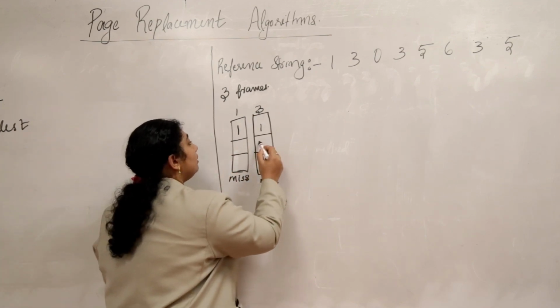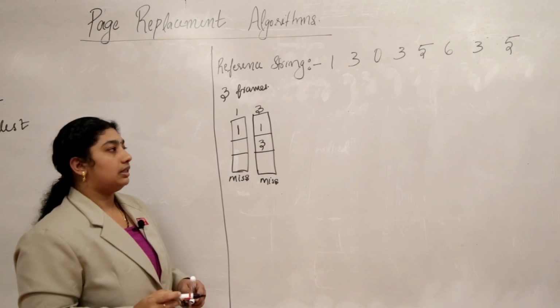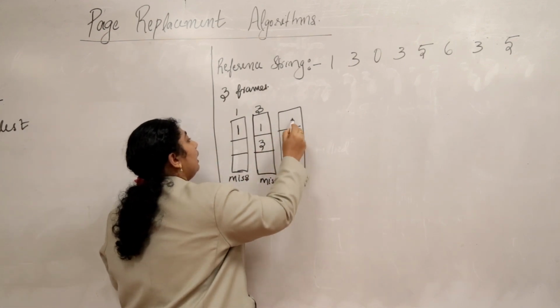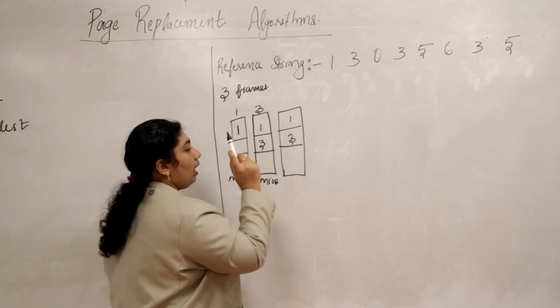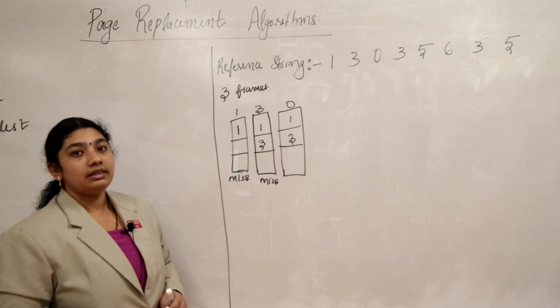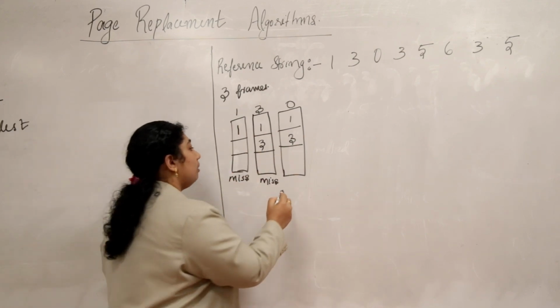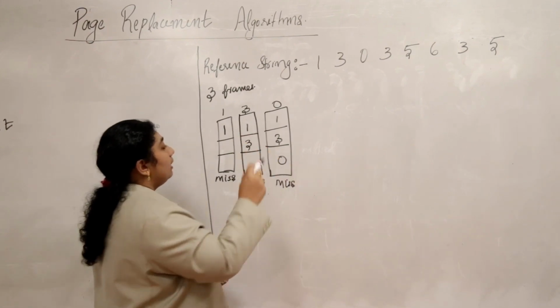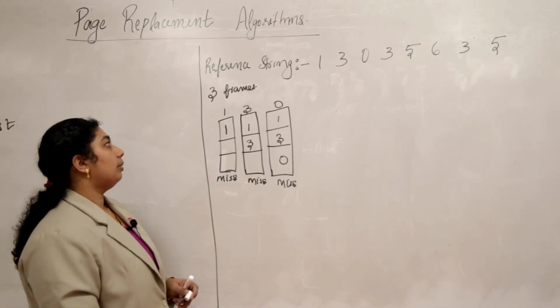So 3 is stored. Now we have 1 and 3 and one free space. The next request is for 0. 0 is not present, so again it is a miss, but there is no need of replacement. We can directly store 0 in the physical memory.